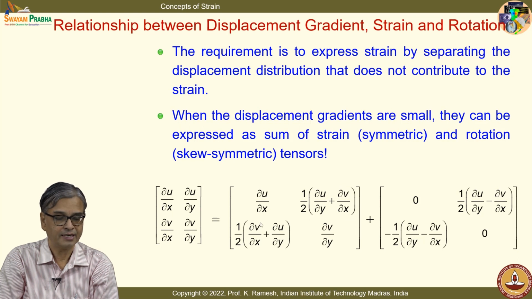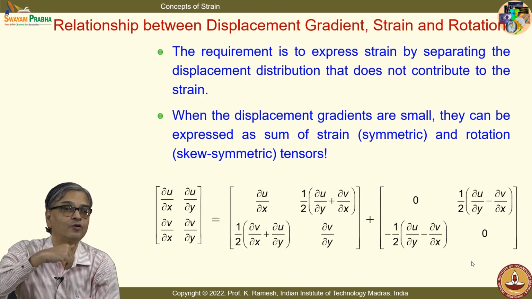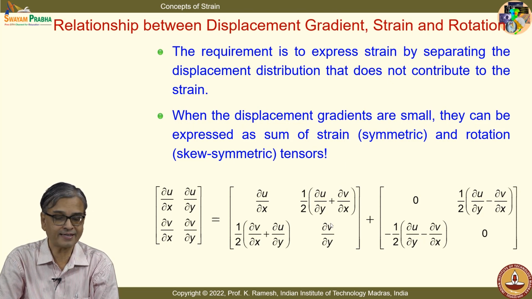These are all equivalent values, though the order is written in a different fashion here. One is epsilon xy, another is epsilon yx, and I have this as dou v by dou y, plus this defines a rotation about the z axis. So, when I sum this, am I not getting dou u by dou x, dou u by dou y?